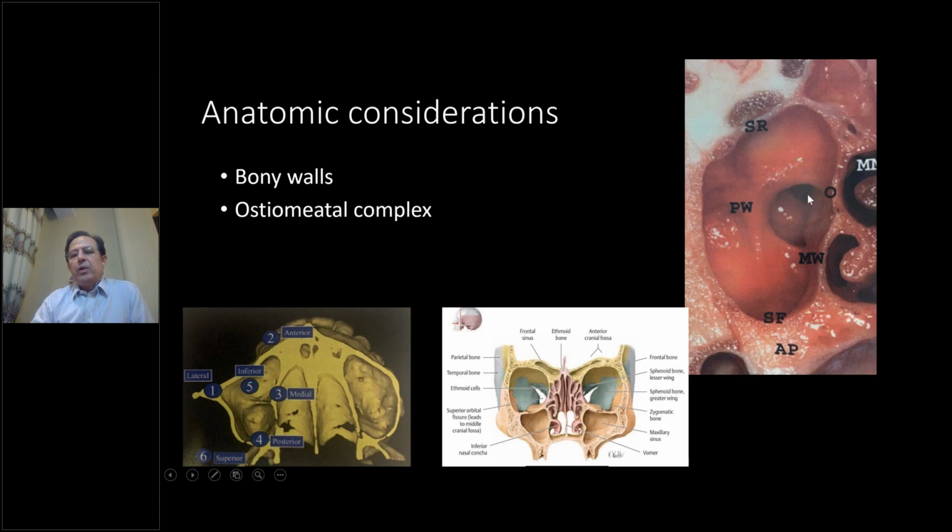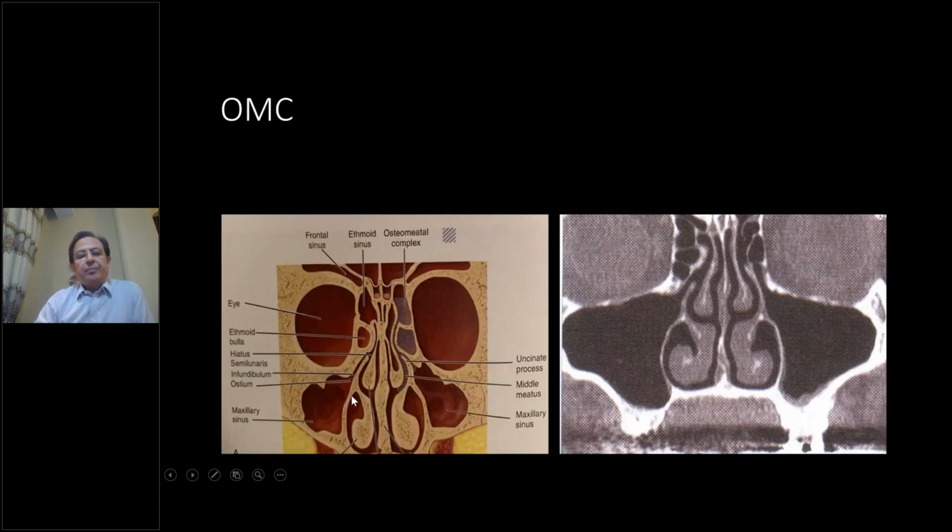The ostium is one of the components of the osteomeatal complex. This is very important for sinus graft, and we must pay attention to it. What's the osteomeatal complex?